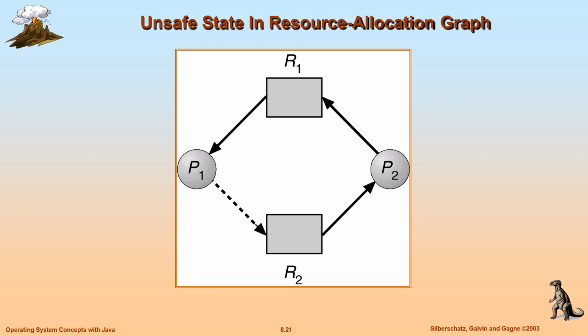Unsafe state in resource allocation graph. This is the unsafe state in the resource allocation graph. Here P1 holds R1 and P2 wants R1, and the R2 resource is with P2. Now P1 wants the R2 resource.